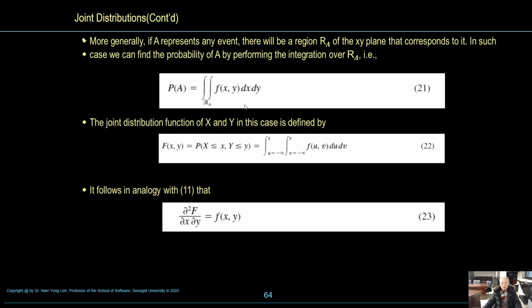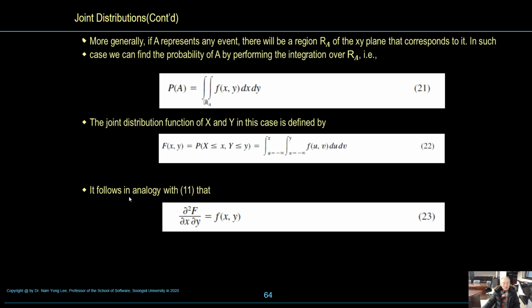of f(x, y) dx dy. The joint distribution function of X and Y in this case is defined by F(x, y) = P(X ≤ x, Y ≤ y), which is equal to the double integral of f(u, v) du dv.